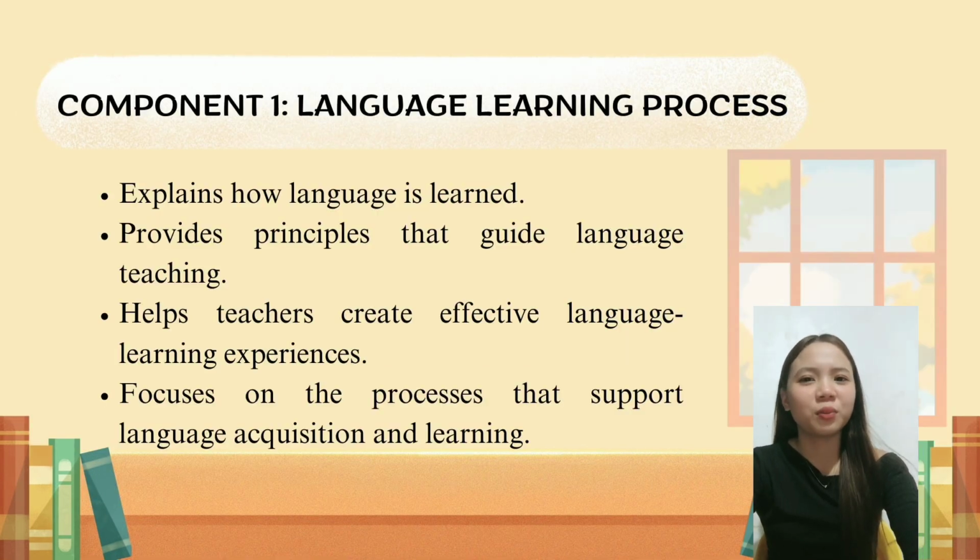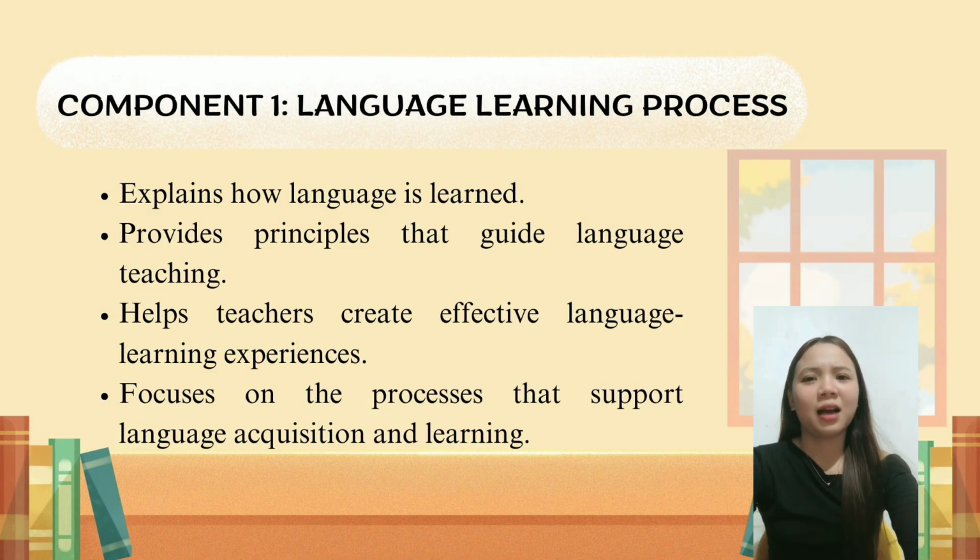So first, what is component 1? Component 1 is called the language learning process. It explains how language learning takes place and how students acquire and learn a language. It provides principles that teachers can follow in planning and conducting language lessons.